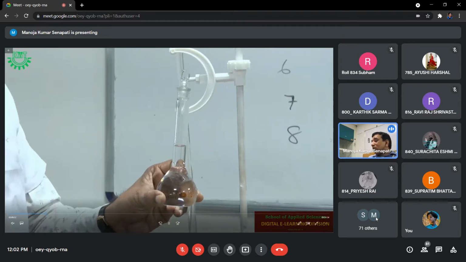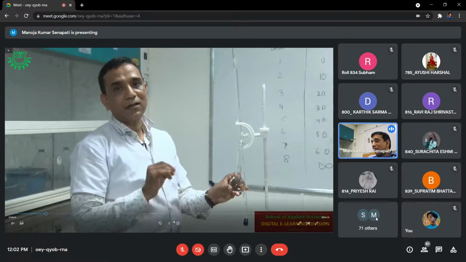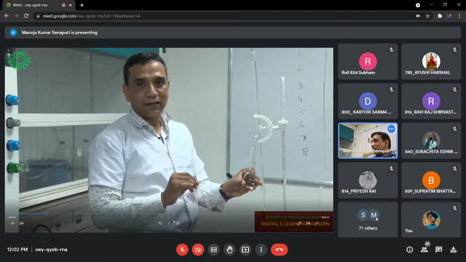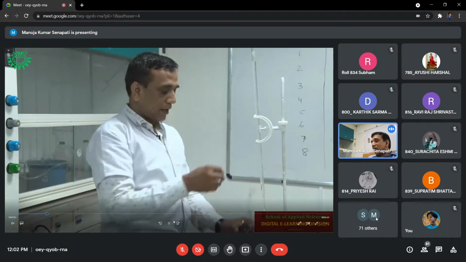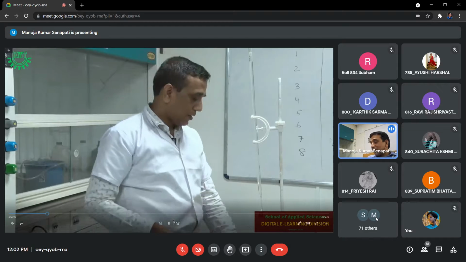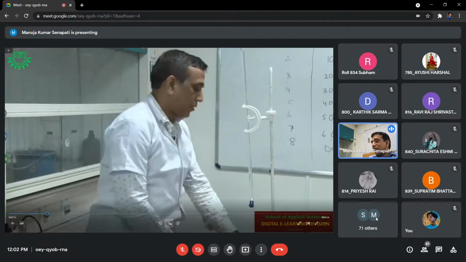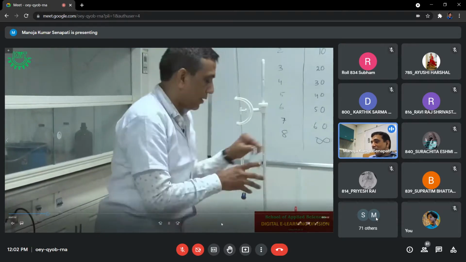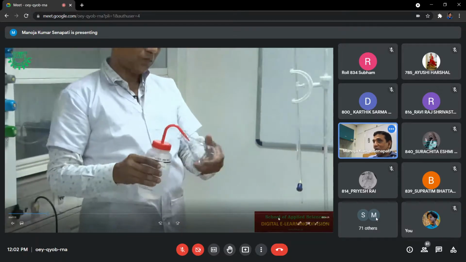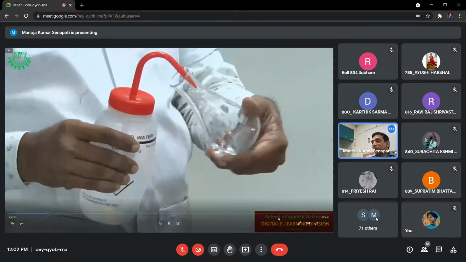And we are going to take the first observation at time 0. Time 0 means when the concentration of acetic acid is 0. That means at time 0, the concentration of acid is due to only the catalyst. So that is why before carrying out the hydrolysis reaction, you take out 10 ml of dilute HCl from that measuring flask to measure the concentration of HCl.